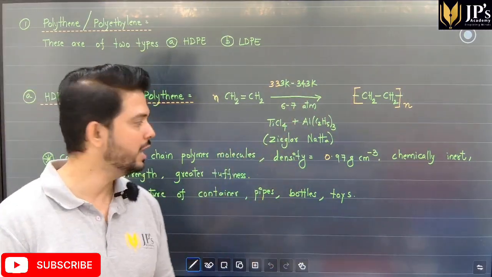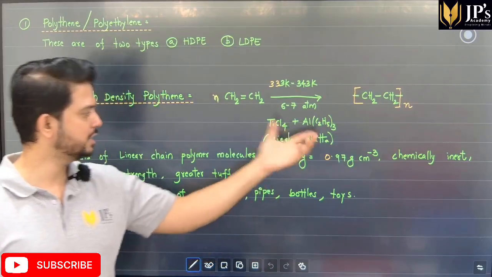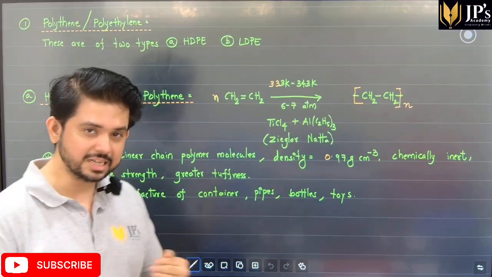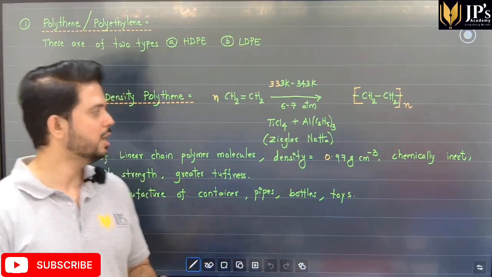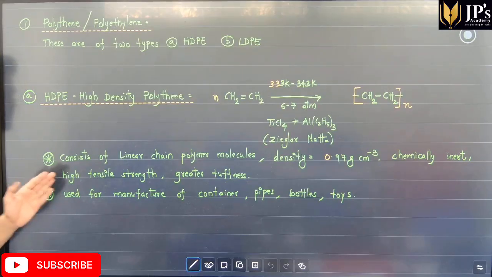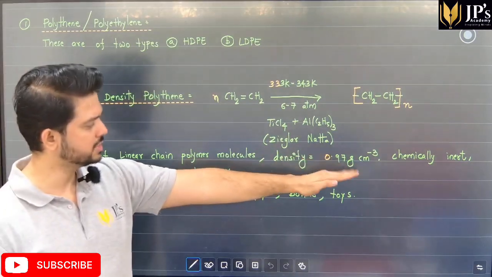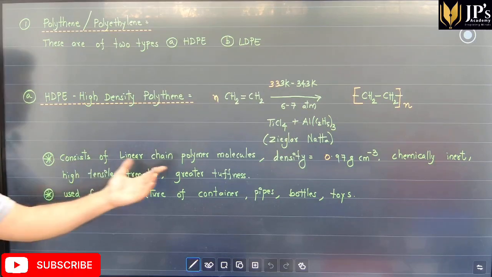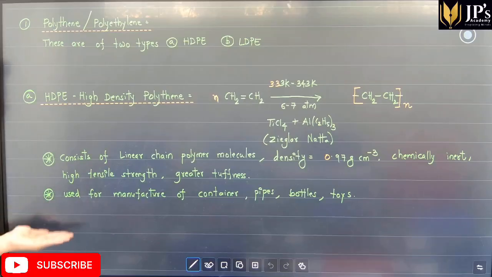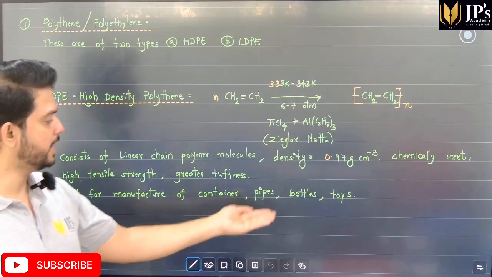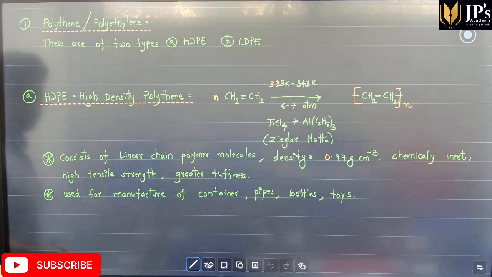Ziegler-Natta, though we say TiCl4 plus tetraethyl aluminium, is an industrial name, though we'll not go into that detail. HDPE consists of linear chain polymer molecules having high density. Please remember the value. They are chemically inert, with high tensile strength and greater toughness. Uses are very important. They're used for the manufacture of containers, pipes, bottles, toys, etc.